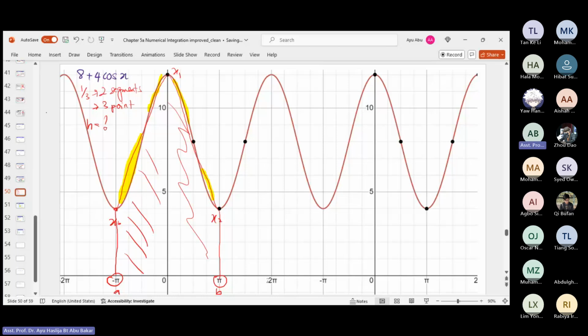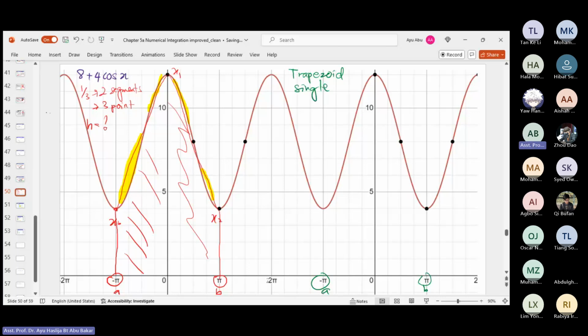But let's say you choose to use, from the same segment, the same A and B, trapezoid. Trapezoid single.